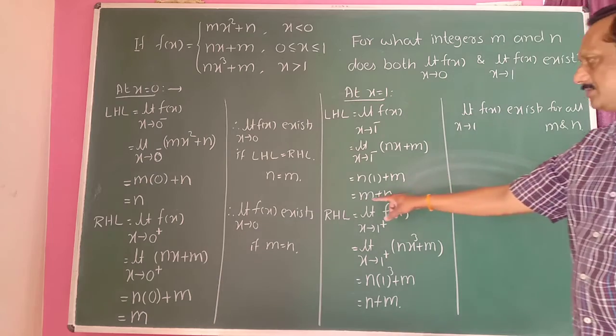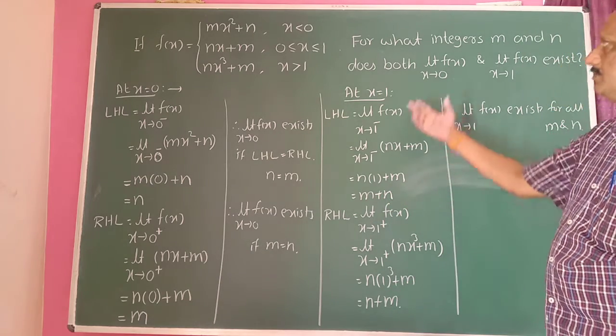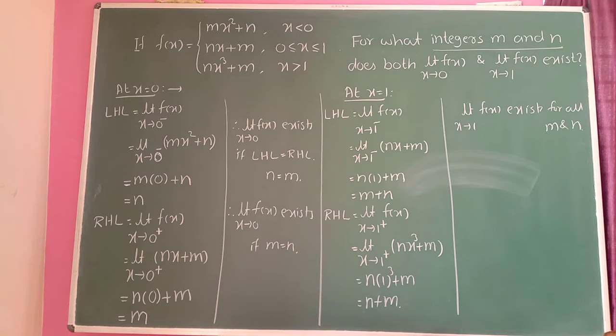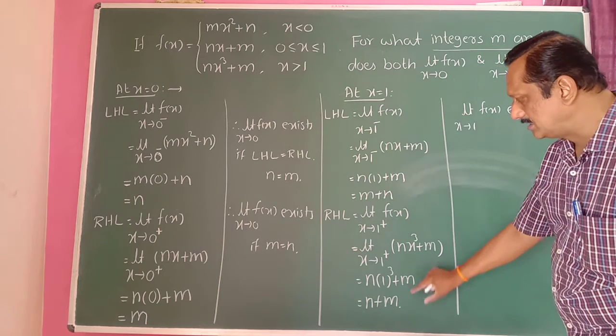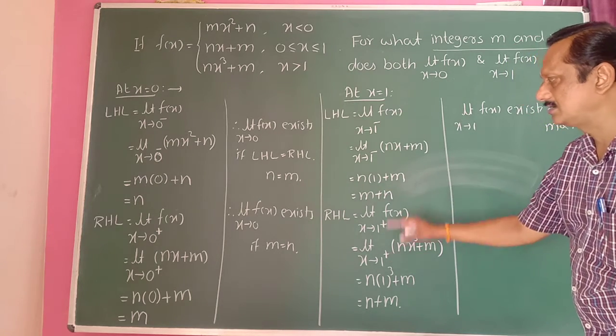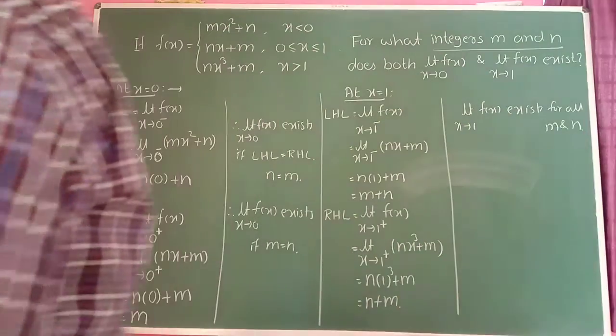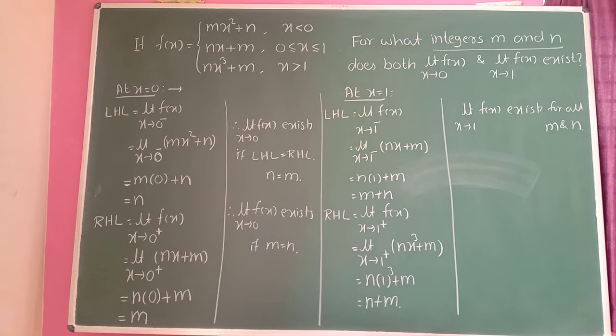Here m and n are already given integers. Therefore, whatever integers m and n are, the limit exists because here it is m plus n, here also m plus n. Both are equal here. Okay. So these are examples on limits from the exercise.